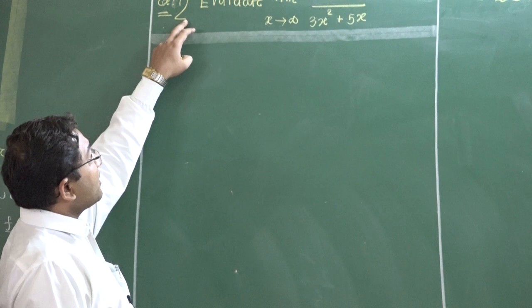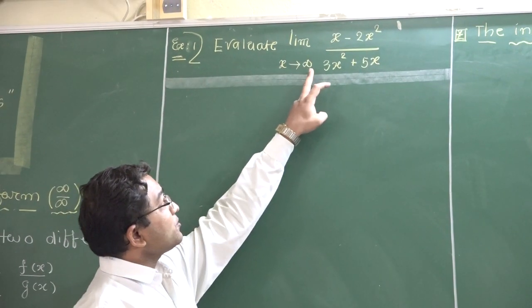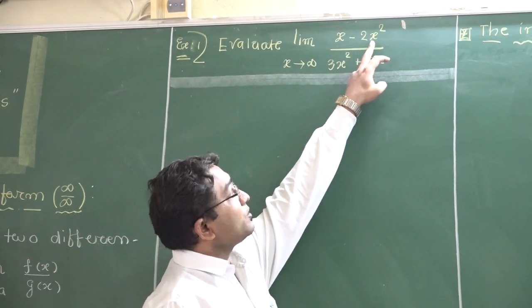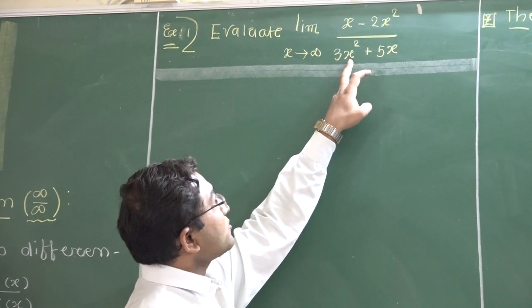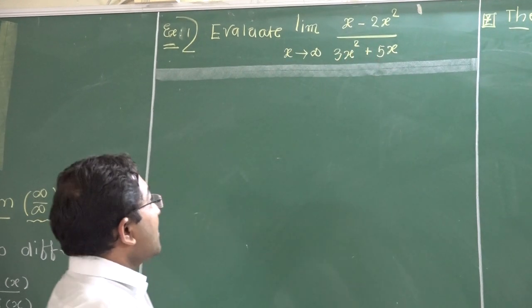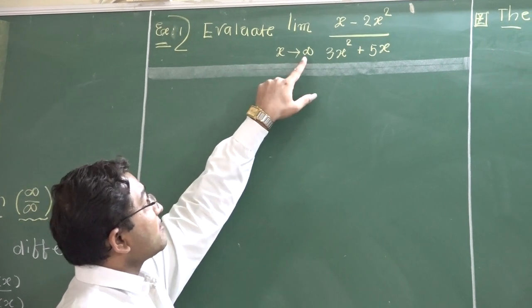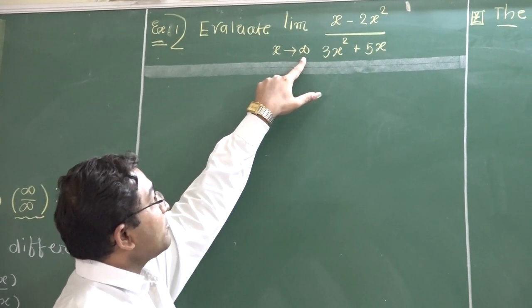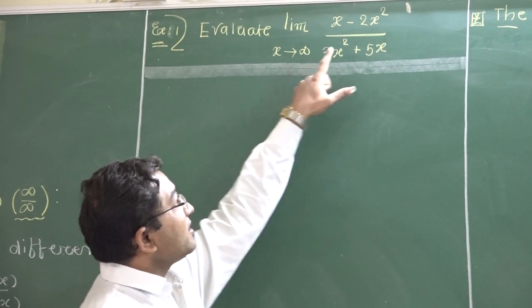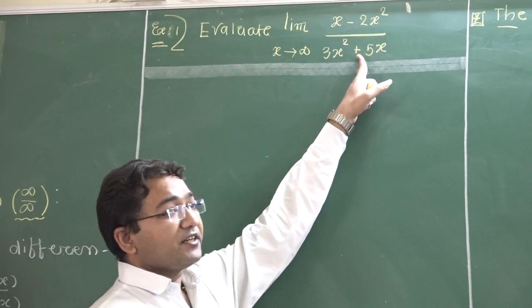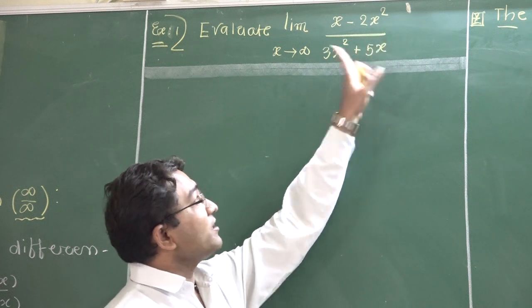Example number 1: evaluate limit x tends to infinity of x minus 2x square upon 3x square plus 5x. Here remember, first we decide that with limit x tends to a, meaning x replaced by infinite, the numerator as well as the denominator both become infinite.